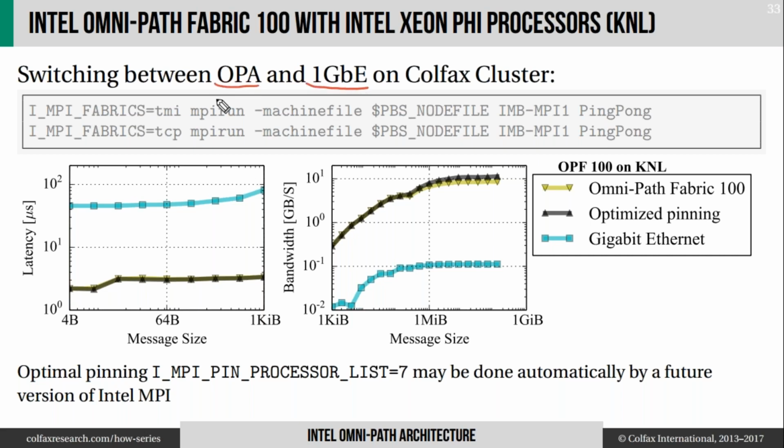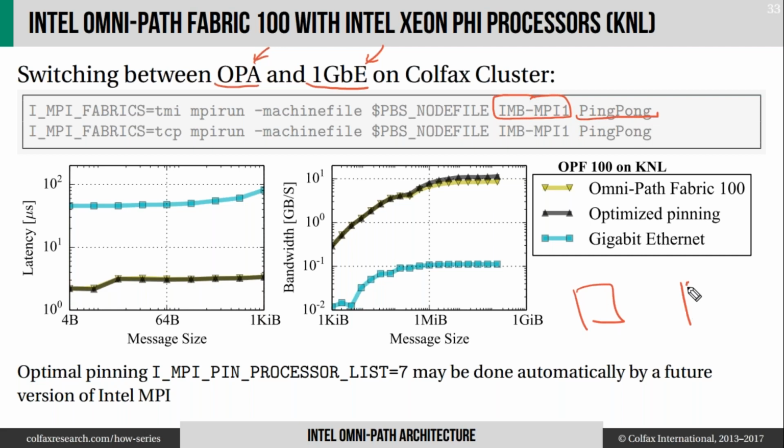The reason for comparing these architectures is to give you a qualitative understanding of whether your application will be happy with standard 1 gigabit Ethernet, the same Ethernet that you use for management, or whether it will be needing a high-performance fabric such as OPA or OmniPath or InfiniBand. The benchmark that I'm showing is called the Intel MPI benchmark. The Intel MPI benchmark has many tests, and I'm only showing you the results for ping pong.